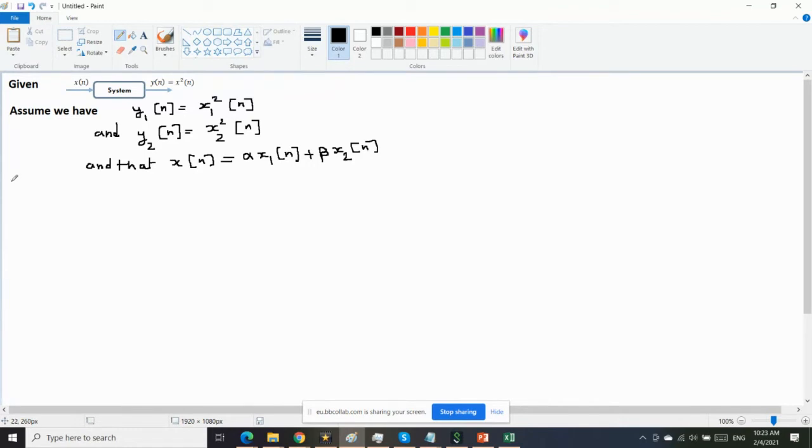So check whether y[n] is also a linear combination of y1 plus beta y2.